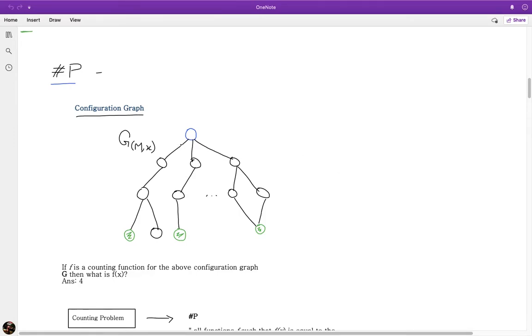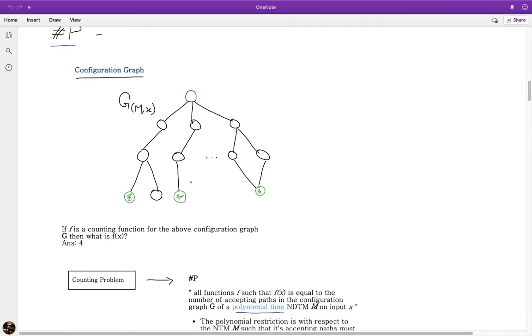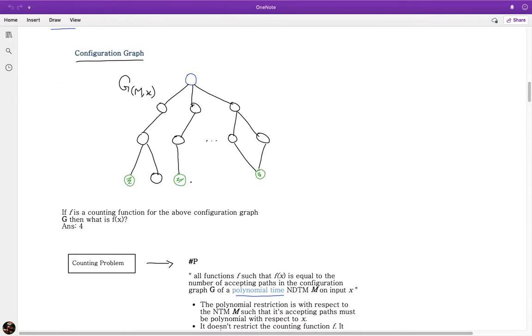So we get a tree structure here, and here we are denoting these green nodes as the accepting nodes. At some point in this configuration graph, we may find a node which is an accepting node, or an accepting configuration. That is when the computation ends and we know whether the problem is solved or not.